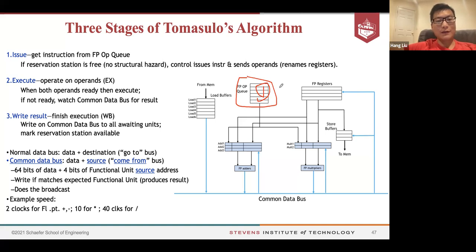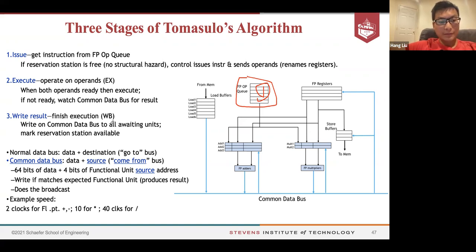If a reservation station is free, control issues the instruction and sends the operands. Execute: operate on operands. When both operands are ready, then execute. If not ready, watch the common data bus for the results. Write results: finish the execution, write on the common data bus to awaiting units, and mark the reservation station as available so that the structure hazard can be resolved.